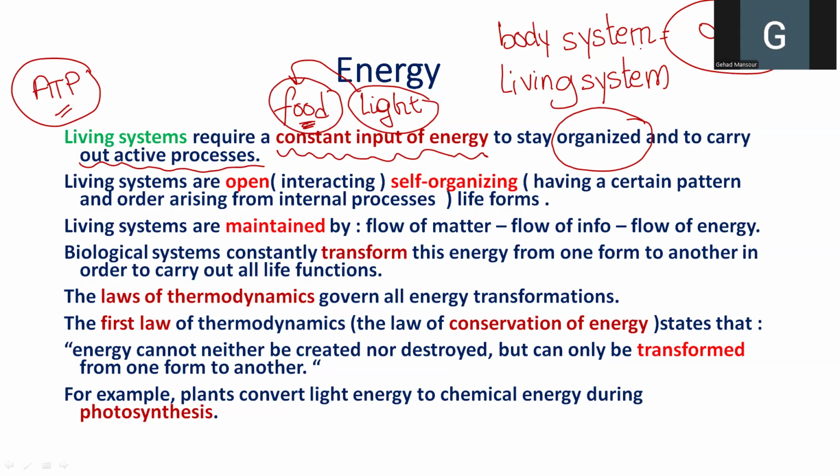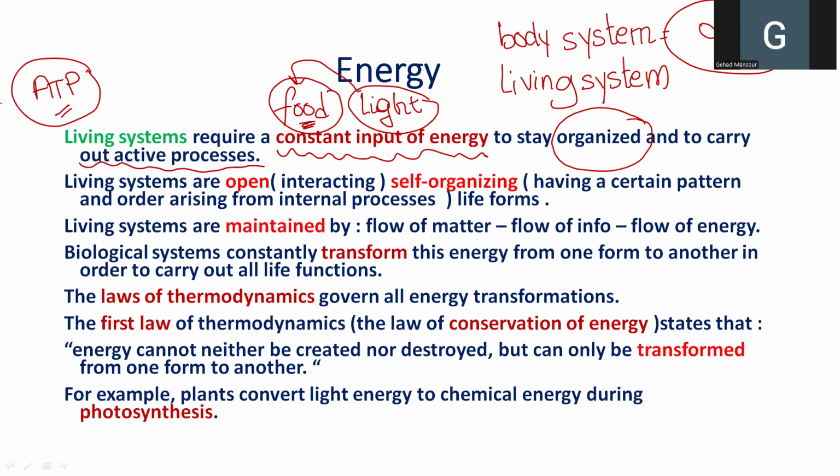It can apply to a body system, but it can also apply to an individual cell. So an individual cell can be considered a living system, but cannot be considered a body system. In order for a living system to stay organized, this requires energy. And we will understand over the course what we mean by an organized living system.